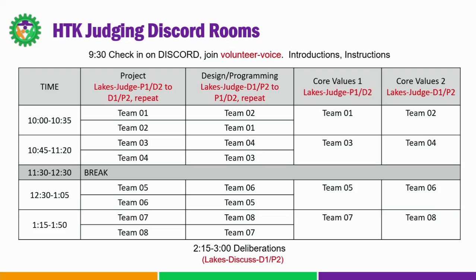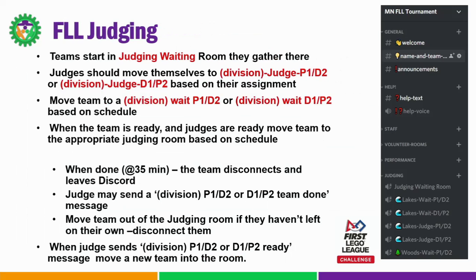So they've got rooms where they're with teams and rooms where they're just with other judges, and they should be able to move themselves back and forth, but again, you might need to help. And at the end of the day, they all move into the same room so they can talk about the teams that they saw.